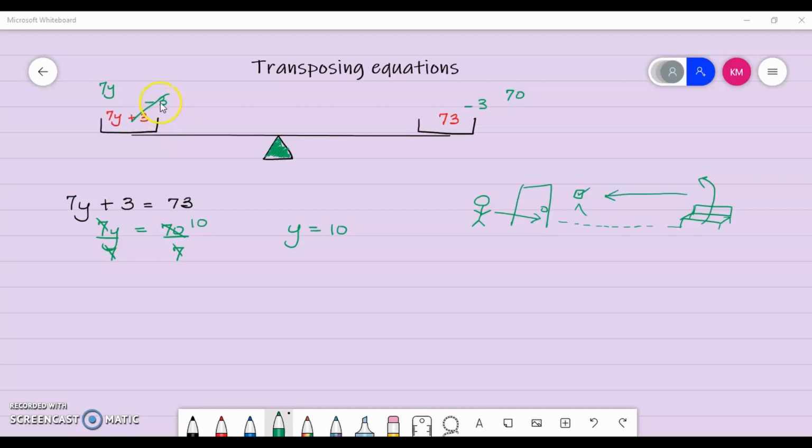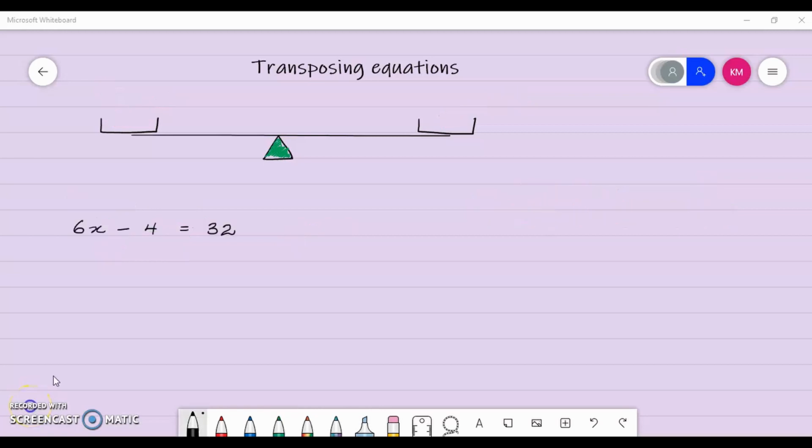That is why we subtracted 3 first. So we subtracted 3, and because y was being multiplied by 7, in order to reverse that, I would have to divide by 7. So the last thing that you do is always the first thing that needs to be reversed.